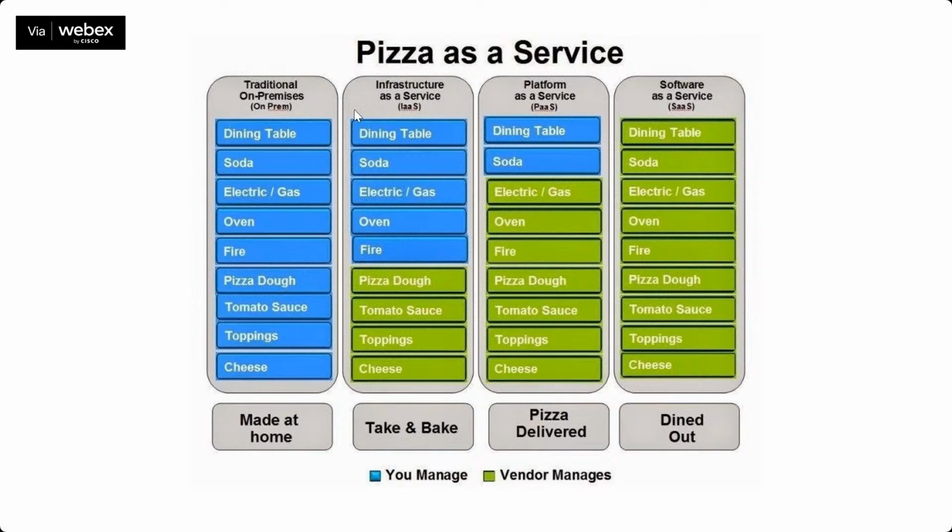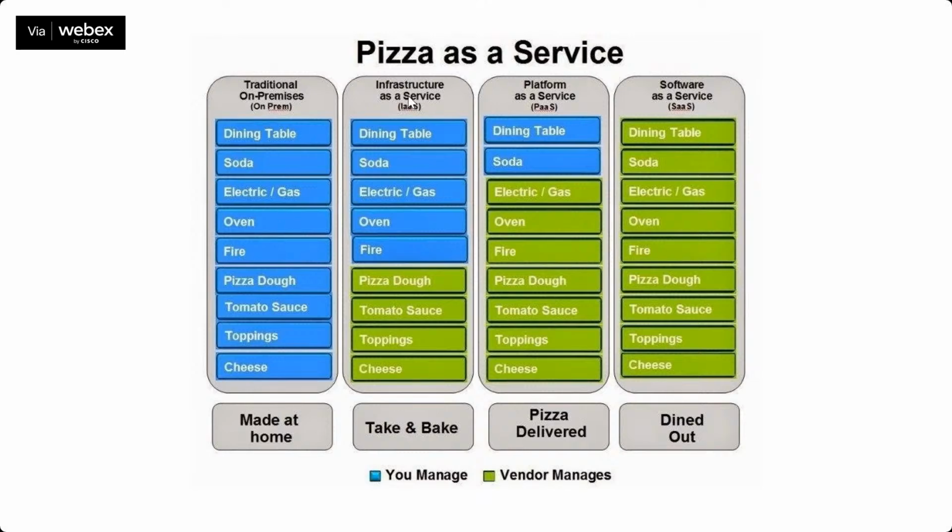If we take the example of pizza, when you're doing on-prem, it's like making it at home. You have to buy the ingredients, the hardware required to process those ingredients, and everything required to serve it.